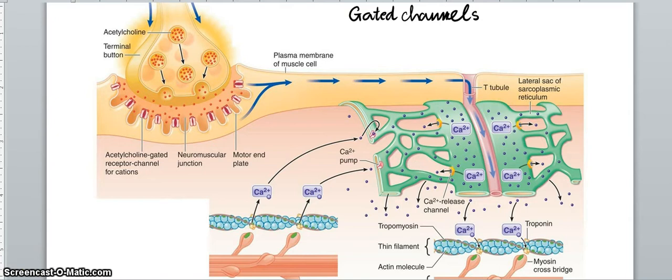Last Wednesday we talked about cell communication, and I brought up two important ways that cells can communicate with one another. One of the ways that cells can relay information from other cells is through gated channels. I also mentioned that there are two types of gated channels: chemically gated channels and electrically gated channels.